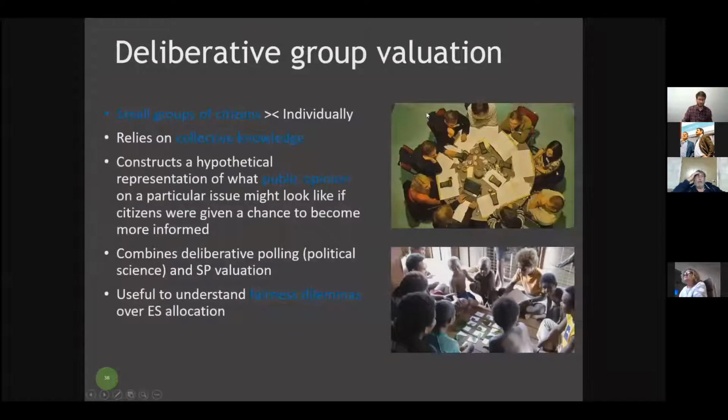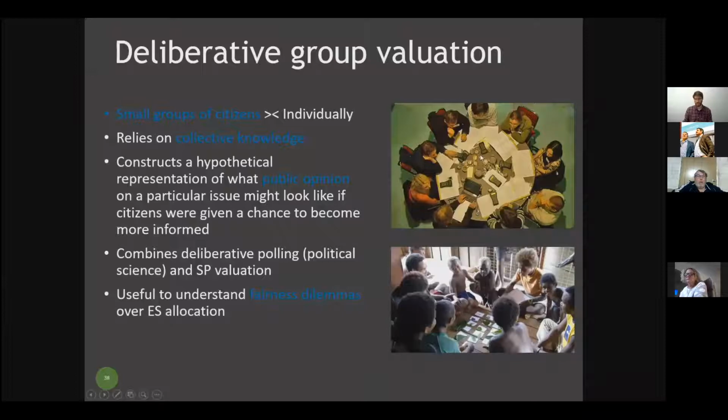And finally, the last subfamily of stated preference methods is the deliberative group valuation. There, the assumption is that instead of asking people individually what their willingness to pay is for improving a certain piece of nature, why not put people together around a table and discuss what that value is? And so that relies on collective knowledge and collective intelligence.